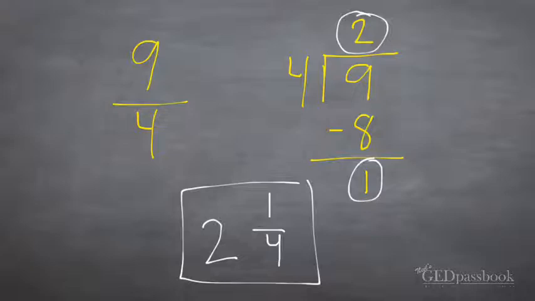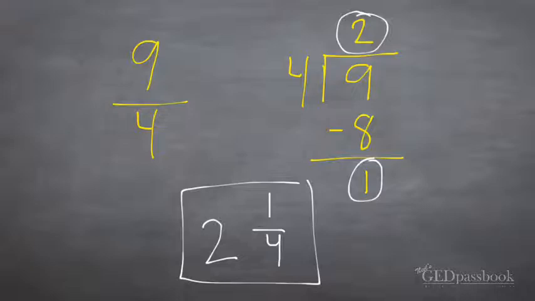Well, no, sorry. The 2 is how many times 4 fits into 9. But when you multiply that 2 with the 4, what do you get? 8. It's pretty much the number that the 4 lands at without going over the 9, as close as it can get to the 9.